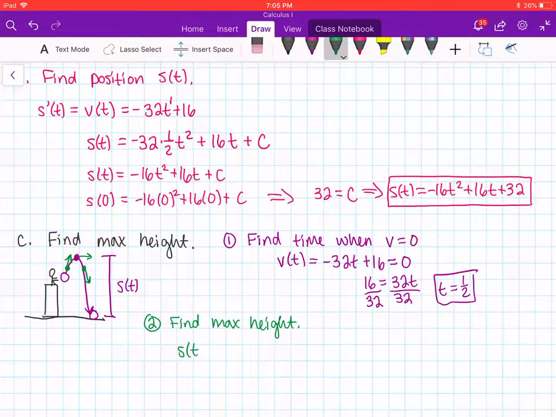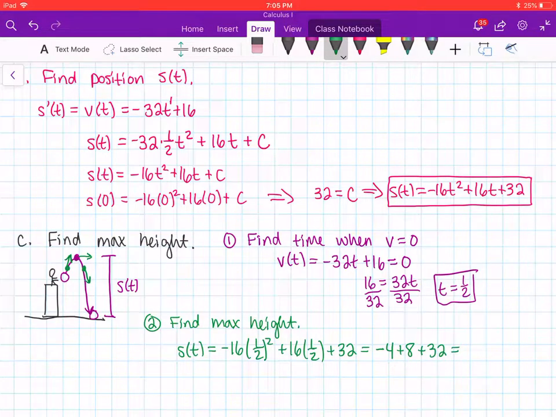So we have s of t, and we substitute in 1/2. 1/2 squared is 1/4. 16 divided by 4 is 4. And then we have plus 8 plus 32. We get 40 minus 4 is 36.